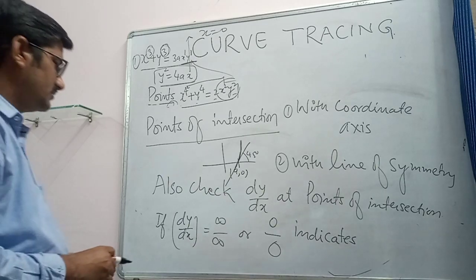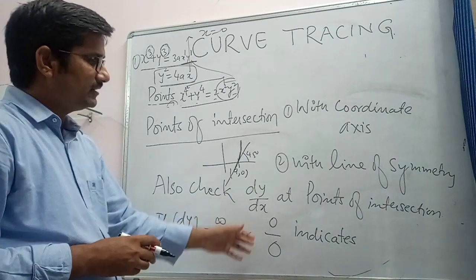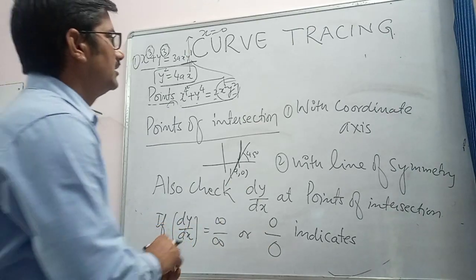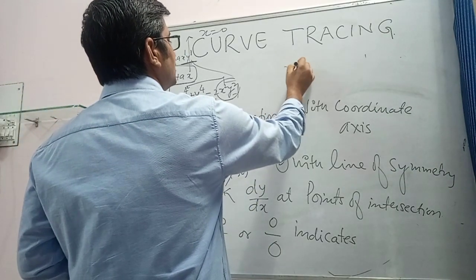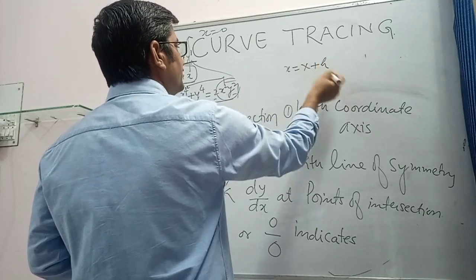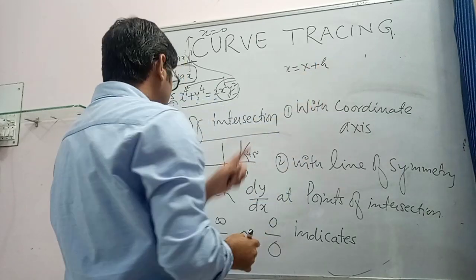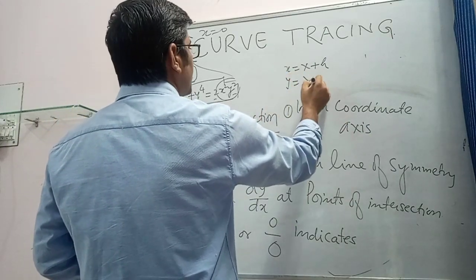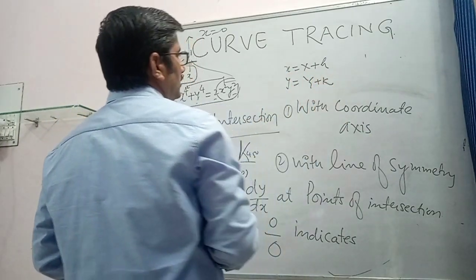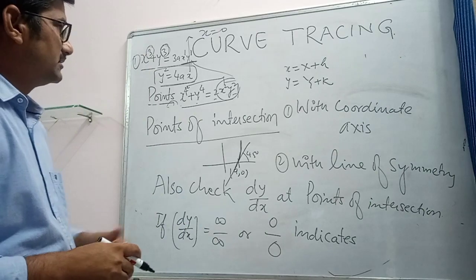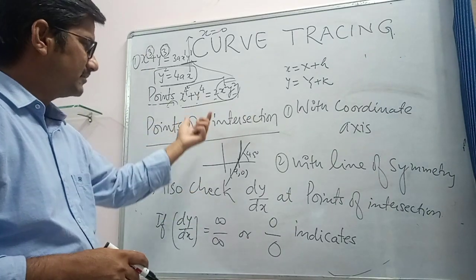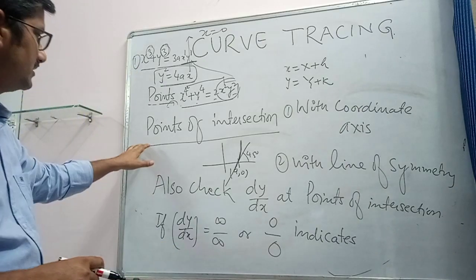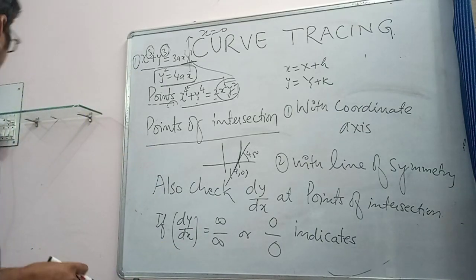So we must shift the origin to that point of intersection by using this concept, x is equal to capital X plus h, means shifting the origin to the point h, k. h, k is that point of intersection. So shift to this point and then check, because the new point h, k becomes the origin, and then check the nature of the origin.